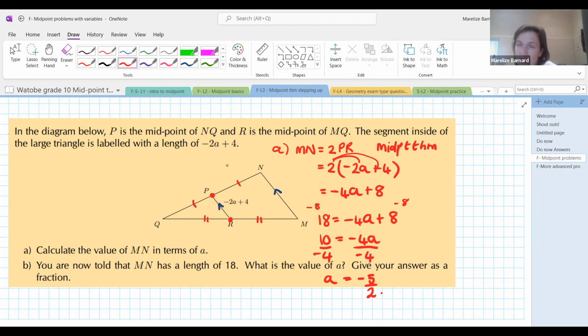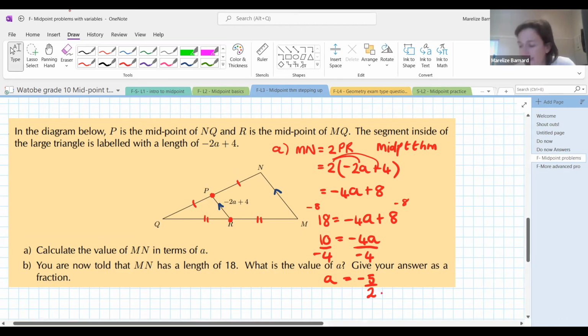Nice, everybody. Yes, Amanda. You can unmute, Amanda. Hello, Miss. Hi there. Yes, Miss. I wanted to ask if before you minus 8, is it okay if you divide by negative 4 both sides? Did you divide 18 by negative 4 and the 8 by negative 4?